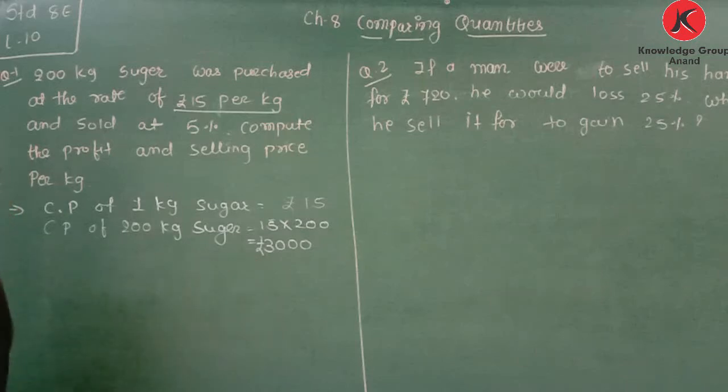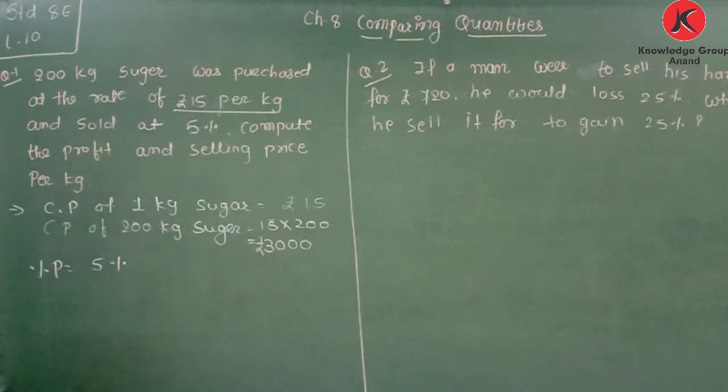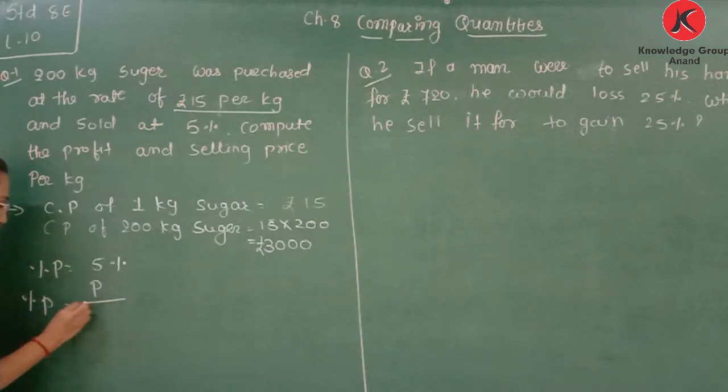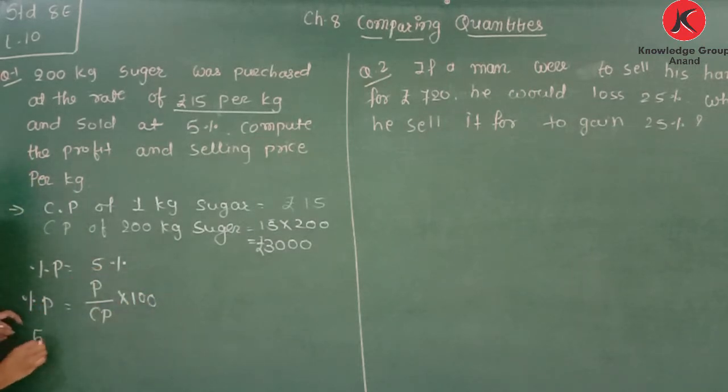Now this gives the cost price of sugar. Profit is given, 5%. If the cost price is given and the percentage is given, we can find the rupees profit. So we can write the equation, that is percentage profit is equal to profit divided by CP into 100. So percentage profit is given, 5. This will give the rupees profit.